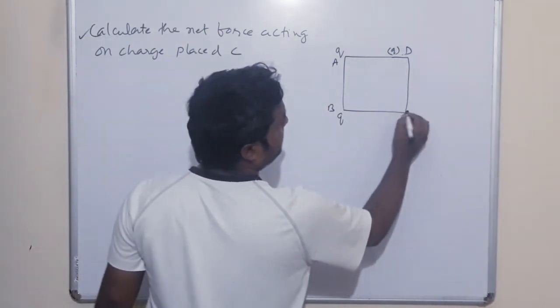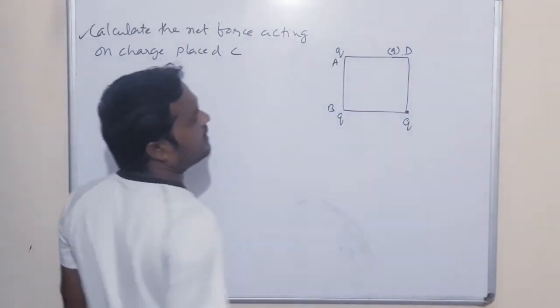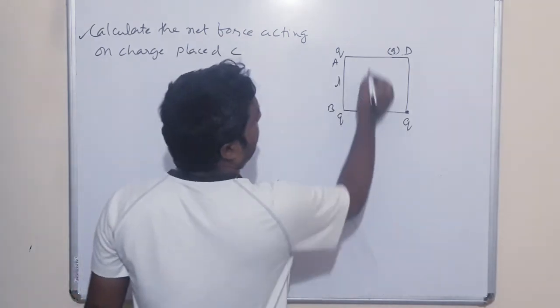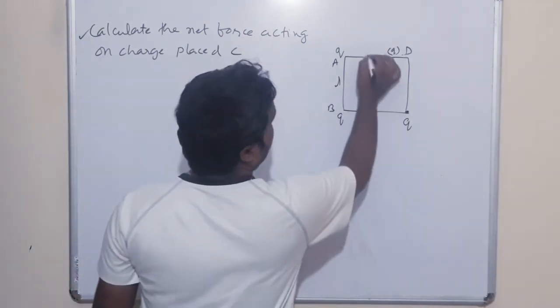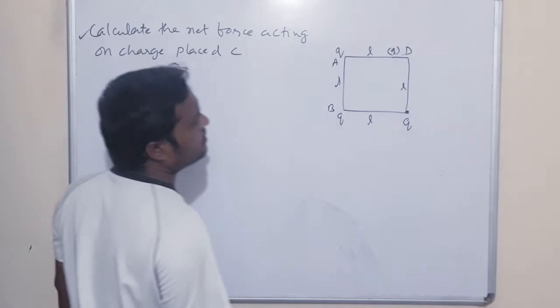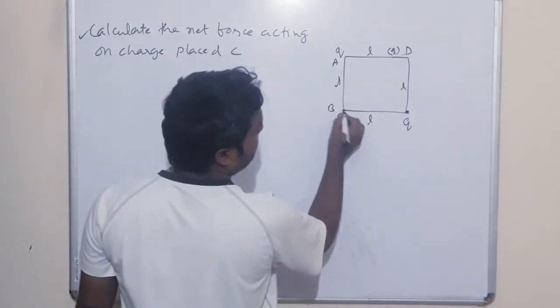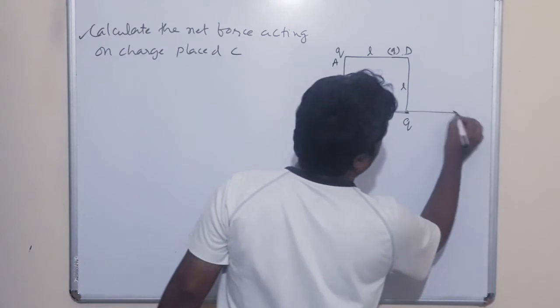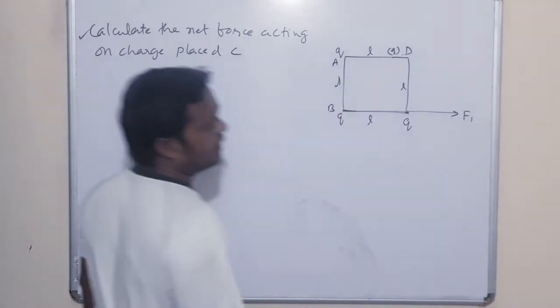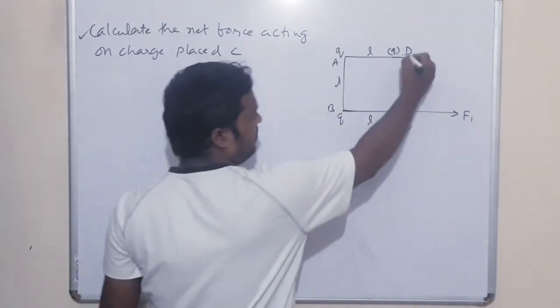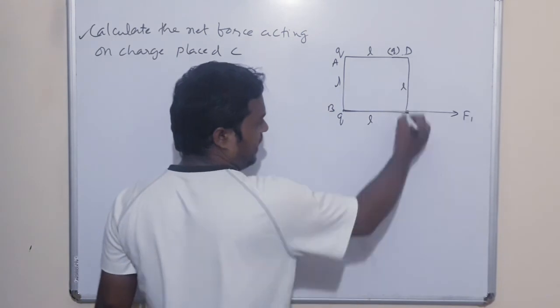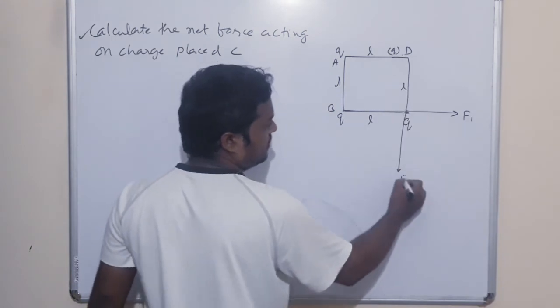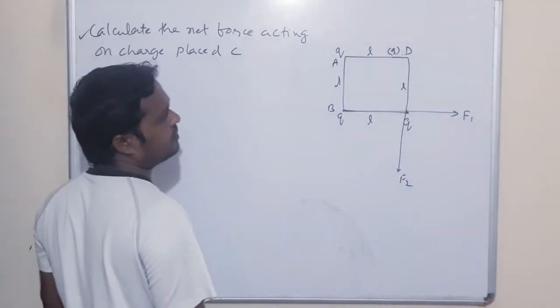On this charge, how many forces are acting? Each side is L, because this is a square. This charge is repelling it like this, in this direction. Let us call it F1. This charge is repelling it in this direction, F2.